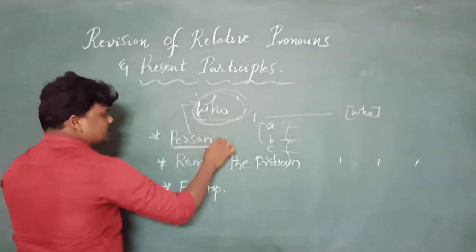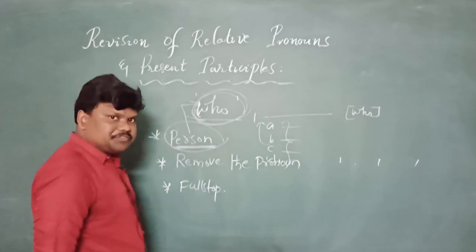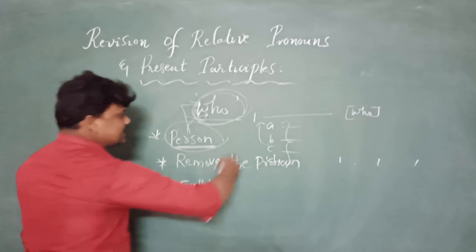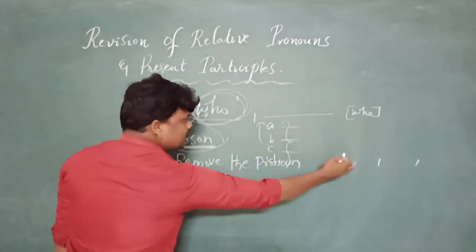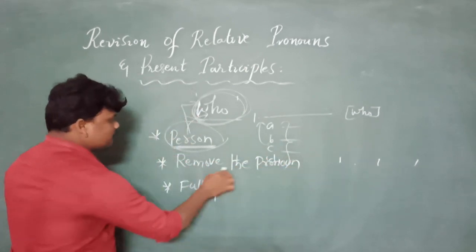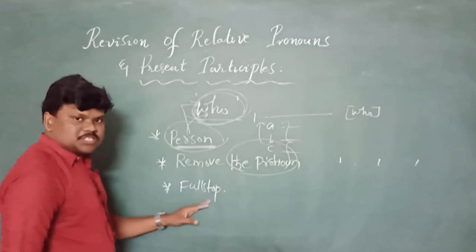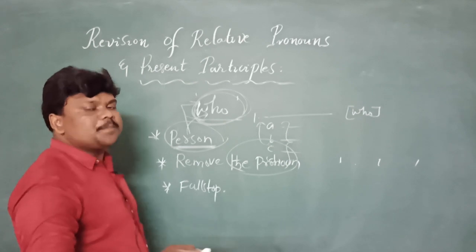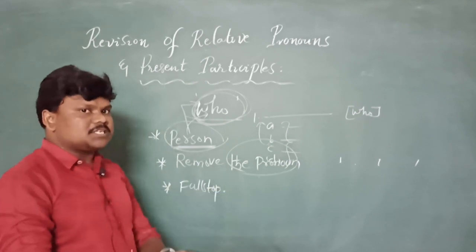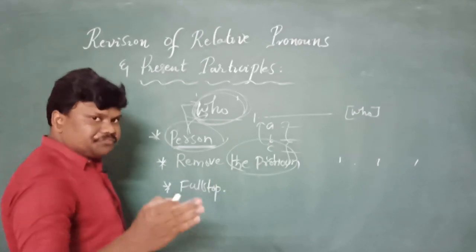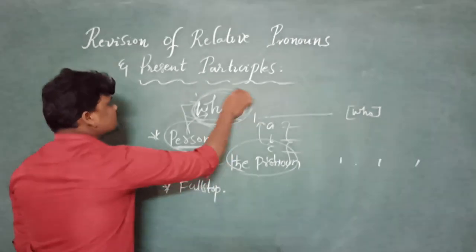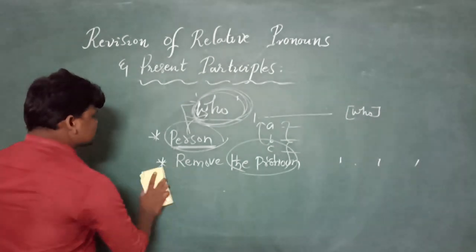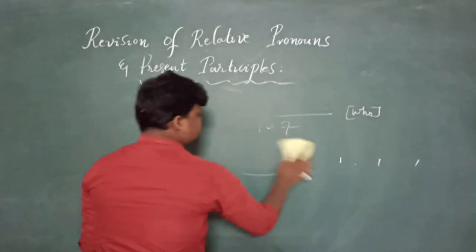If it is who, the first thing is to identify the person, and that person is immediately followed by who. In the second sentence, at the starting, middle or end, we need to remove the pronoun, and lastly keep the full stop at the end of the sentence, with no comma or conjunction in the middle. That is the story. Let me explain with one example of each.